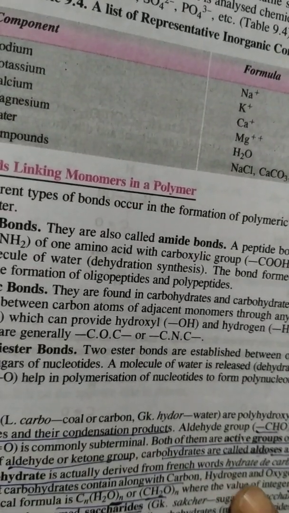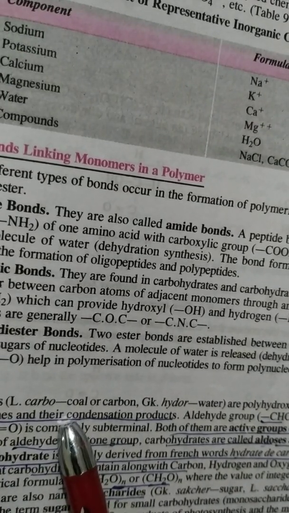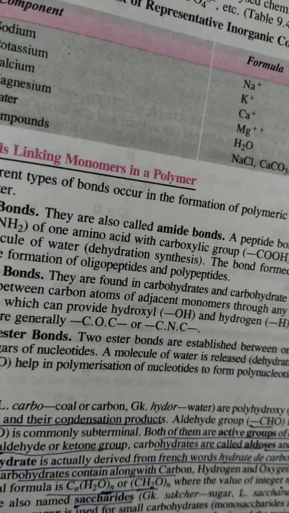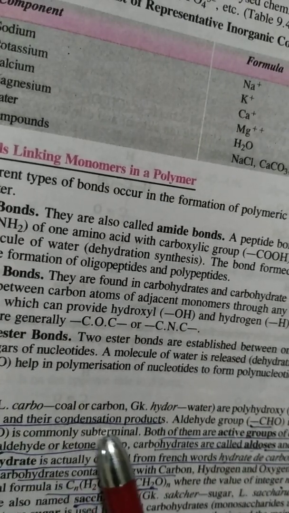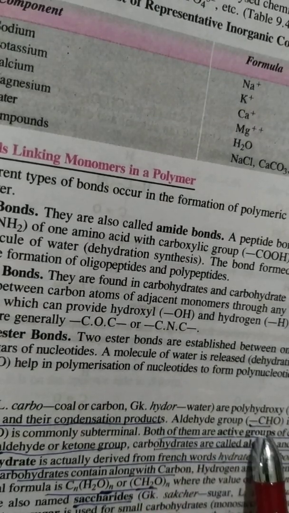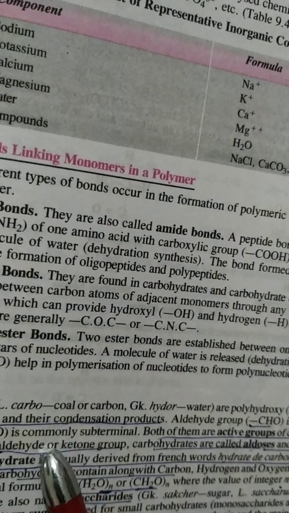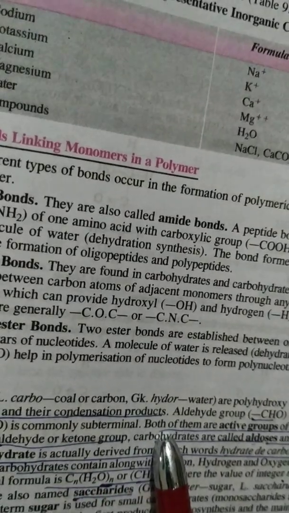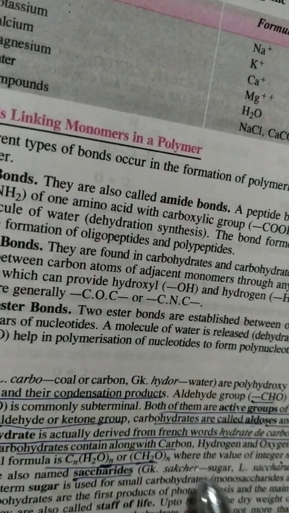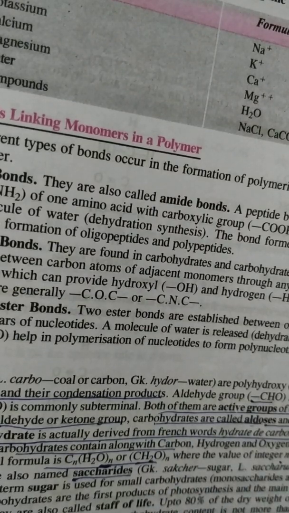First, we discuss carbohydrate. What is carbohydrate? Carbohydrate is actually a polyhydroxyaldehyde or ketone and their condensation product. That means it may contain an aldehyde CHO group at the terminal or a keto group at the second carbon atom, and it forms either aldose carbohydrate or ketose carbohydrate.